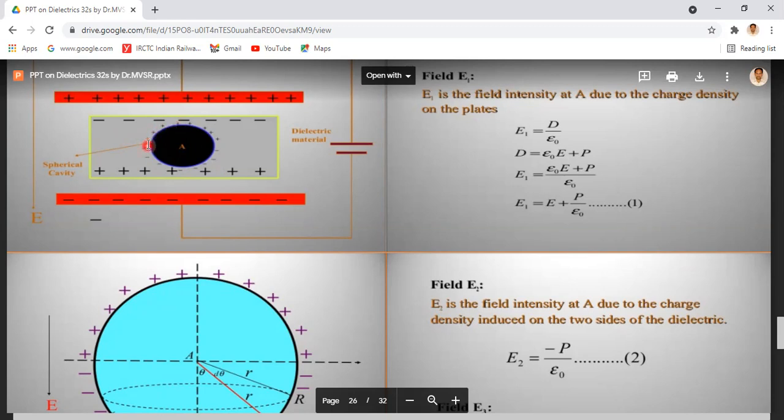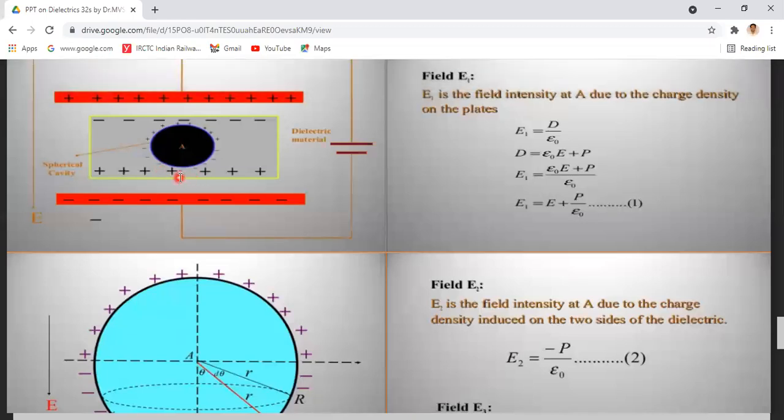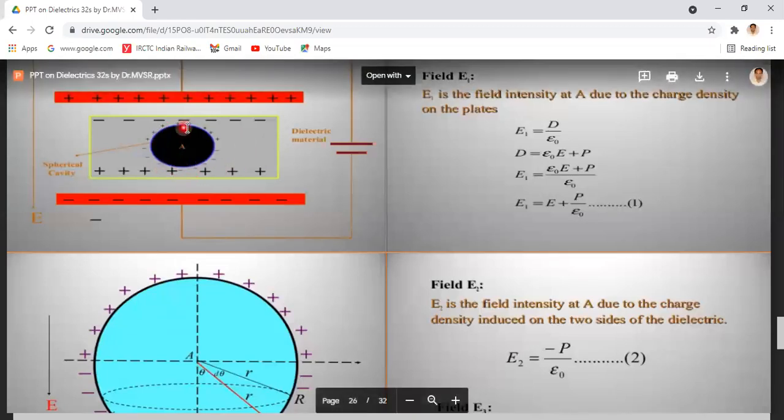On the upper surface of the spherical cavity, positive charges are accumulated, because it is very close to the negative edge of this dielectric material. On the lower surface, negative charge is accumulated, because it is very close and near to the positive side of this dielectric material. So on the spherical cavity, the upper surface has positive charge, and on the lower surface the negative charge is accumulated.